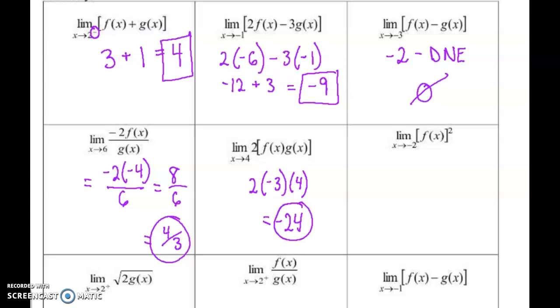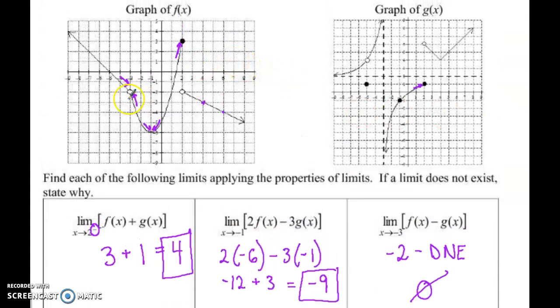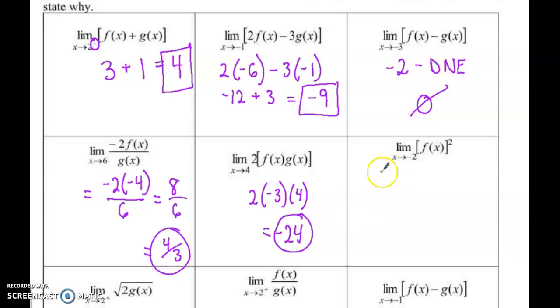So as x approaches -2 for the f function, so -2, 1, 2, just count down, looks like -5. And all of our rules for math do apply, like find the limit first, then square it. Well, when you square a negative, you get +25.